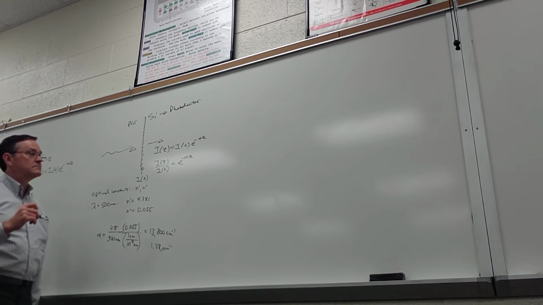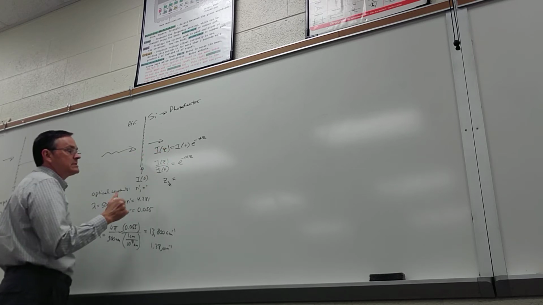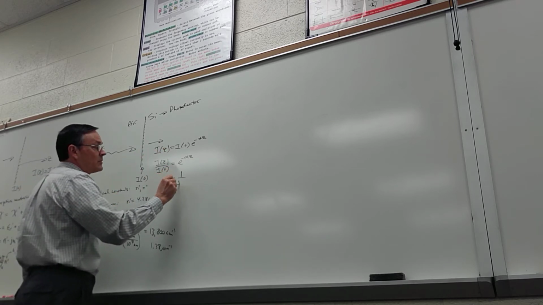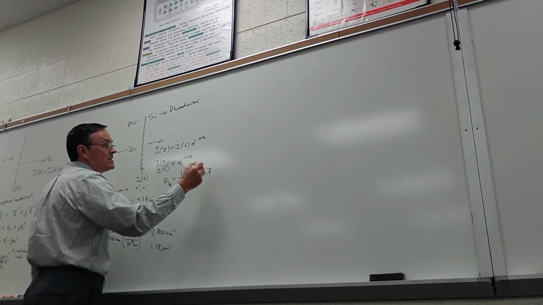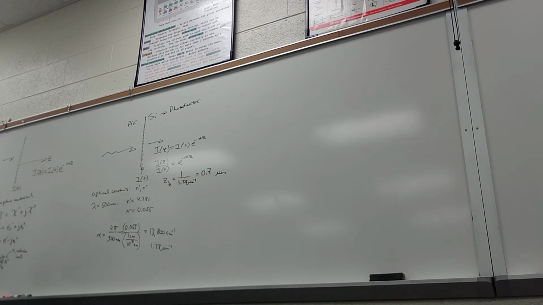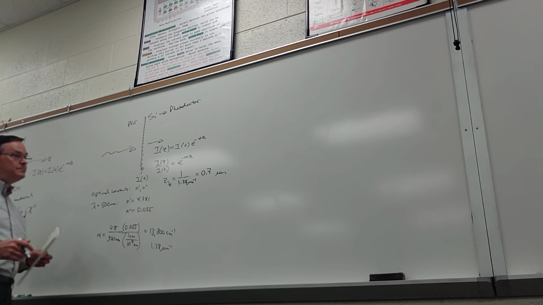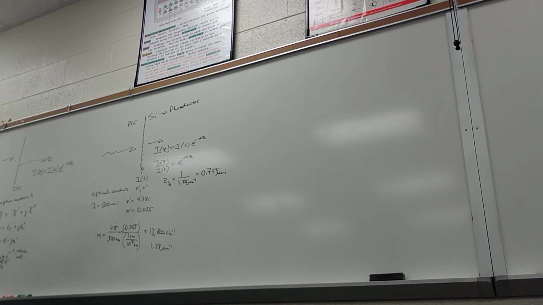Yeah, so the 1 over e distance is 1 over 1.38 inverse microns, which is about 0.7 something microns. So, 0.725. So within three-quarters of a micron, you've already lost the majority of the power.